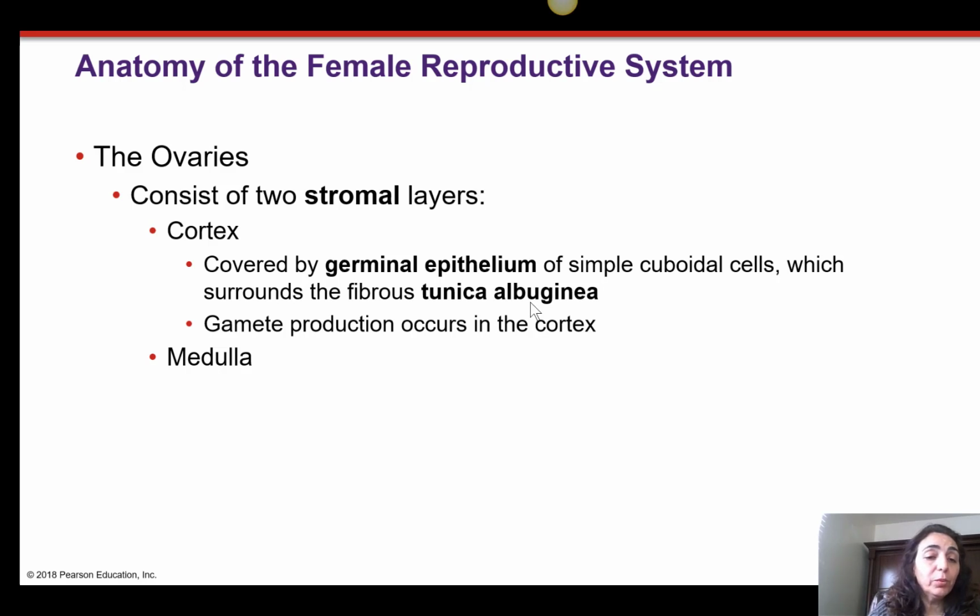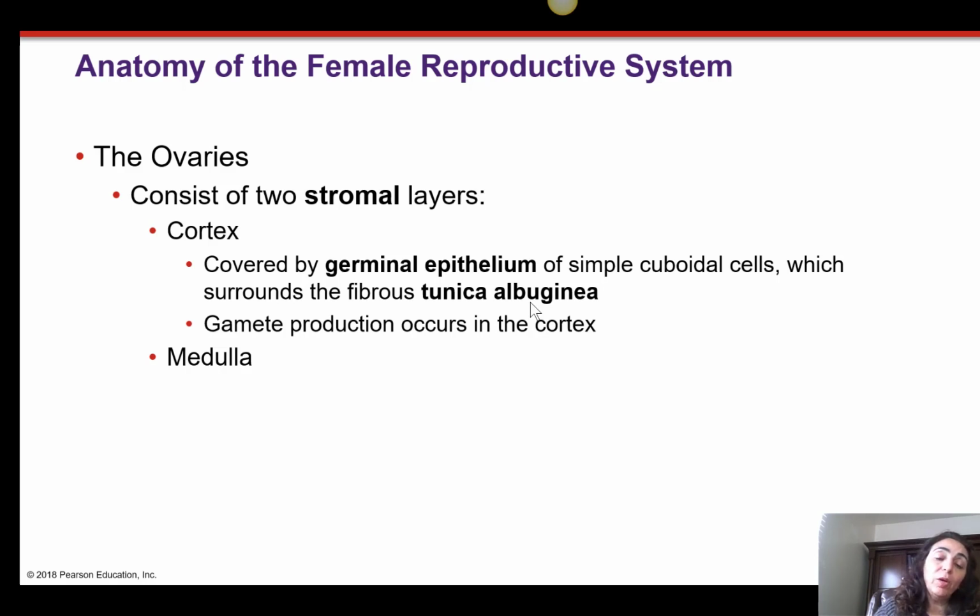And all the gamete production that we're going to talk about happens in the cortex. We have some cells, some oocytes with layers of cells around them that together are called a follicle.